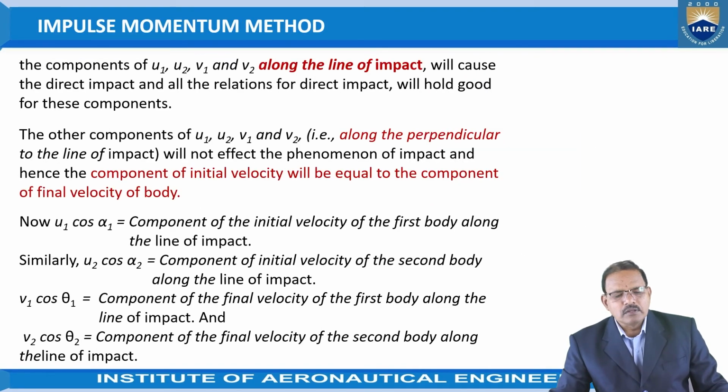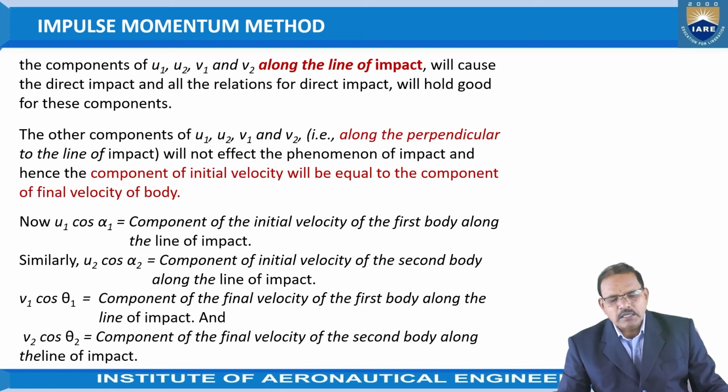Now, the components of u1, u2, v1, v2 along the line of impact will cause the direct impact. Direct impact means the line joining the two centers of the bodies and the point of contact is called the line of impact.